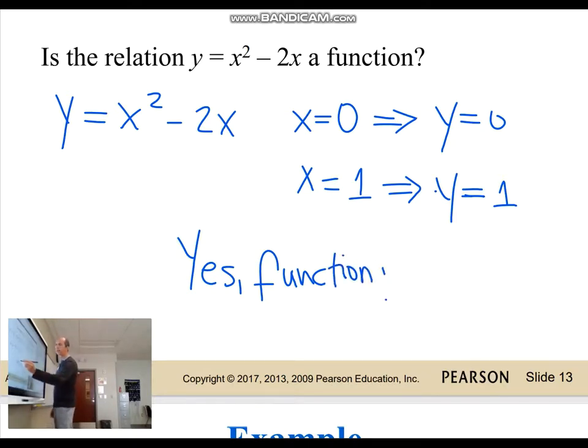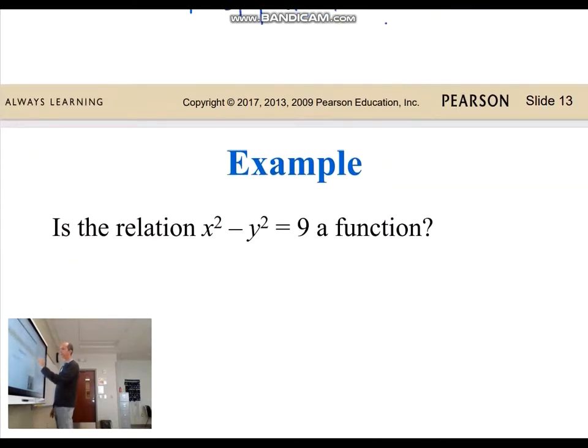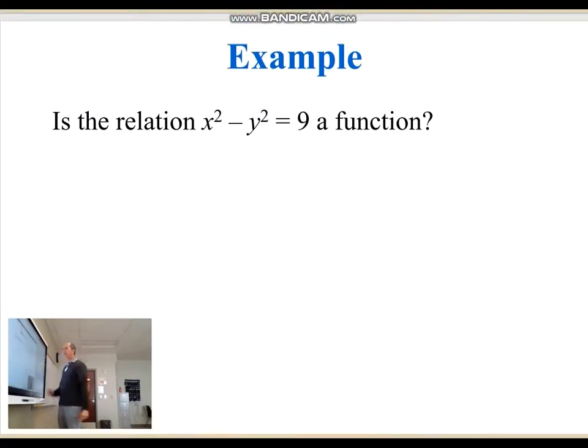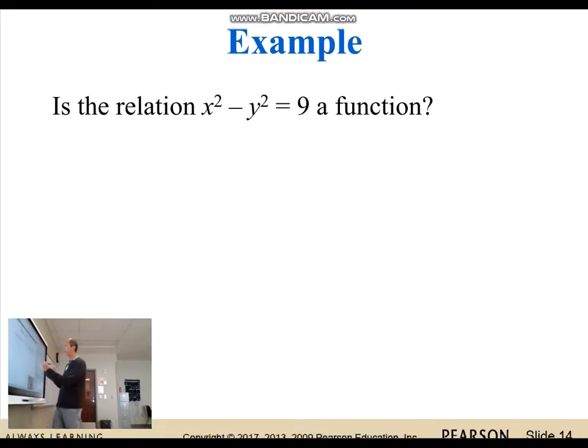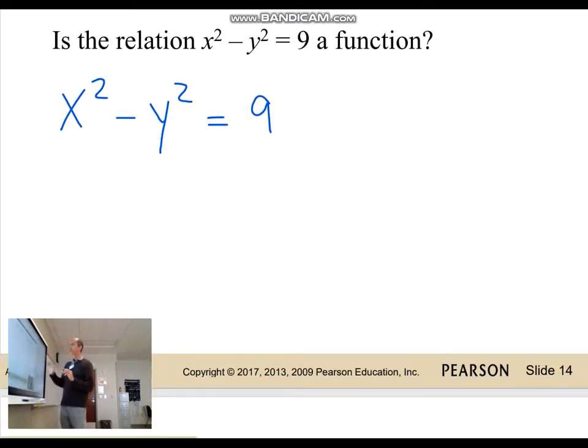Let's check another example. What about this one? What do you think? This is slightly different because you have x squared plus y squared equals 9. And let me show something here.